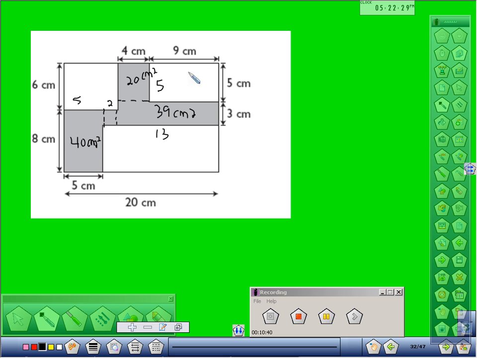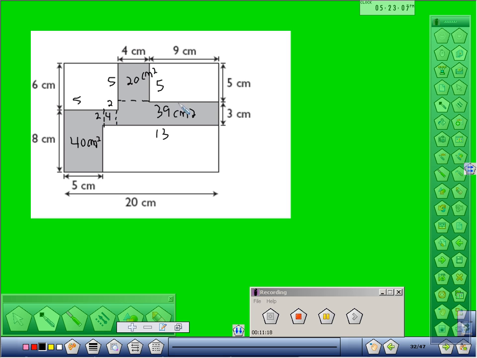Now we can see from here to here is 5, and from here to here is 8. 5 and 8 together are 13. So this 5, see if this makes sense, this 5 and this 8 makes 13. This looks like it's going to be a square, right? We take this part, this is going to be a 2, so 2 times 2 is 4.